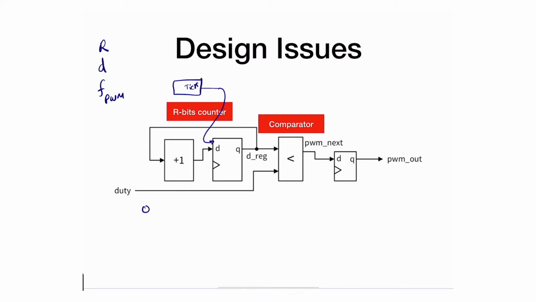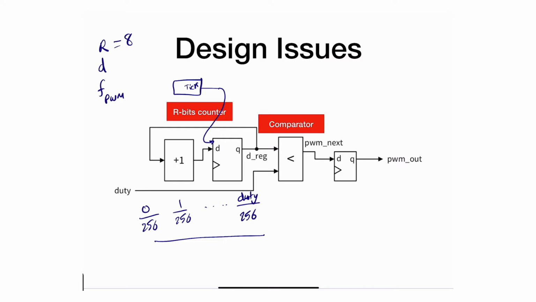You go from 0, let's say R is 8 bits, so it's 0 divided by 256, then 1 divided by 256, all the way to duty divided by 256, depending on whatever duty is. So if this particular number is at that particular value, before it, the output of the signal would be exactly 1.